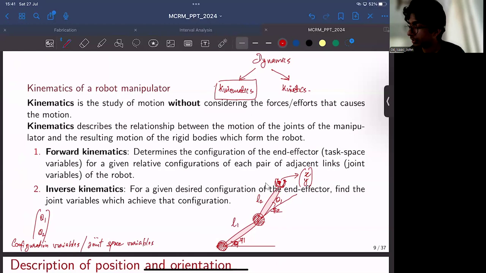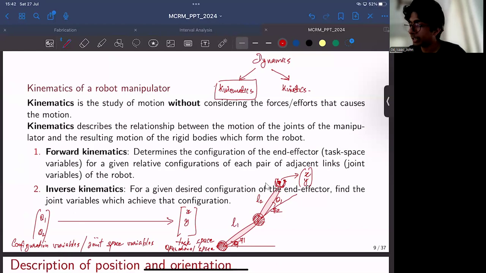And we would like to map the configuration space variables, or the input that we are giving onto the motors, to another set of coordinates, what we call task space variables. We would call this task space. Another name is operational space. Operational space variables.